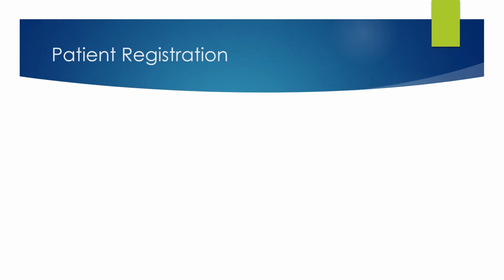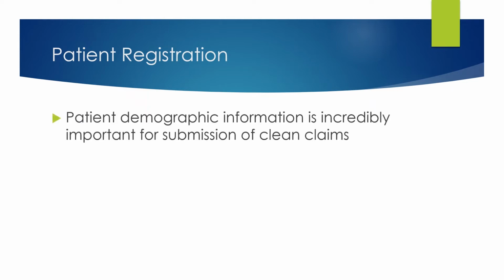So if we go to the next slide, let's first talk about patient registration. This is the first step in the medical billing process, which really involves collecting data and getting the information you're going to need in order to do that insurance verification. So that's your patient demographic information, right? And we've got to make sure that not only is this captured up front, obviously, but it's also something that we review every time the patient's coming in, even if it's just a brief double check that this is your information and this is accurate.